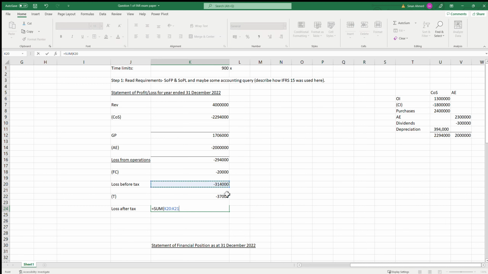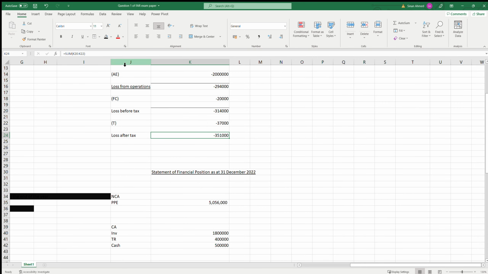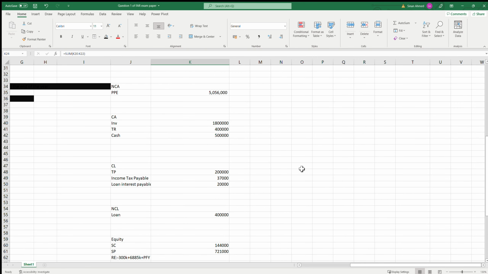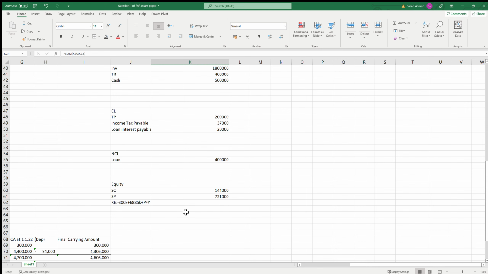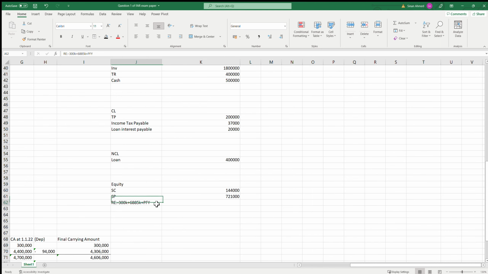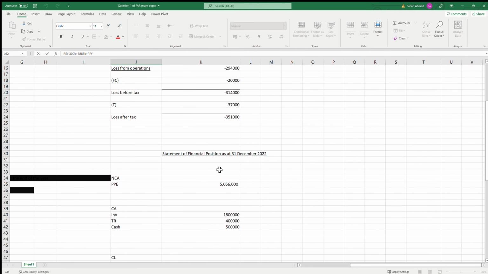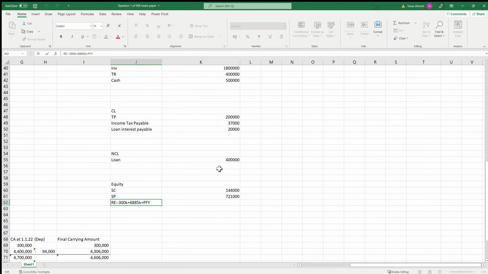So I'm going to put minus. If we've got a loss this time, the company CEO is not going to be happy. Nobody's happy with a loss. So we've dealt with that now. We have to put in our profit for the year. So our loss for the year, we're going to put minus 351k.